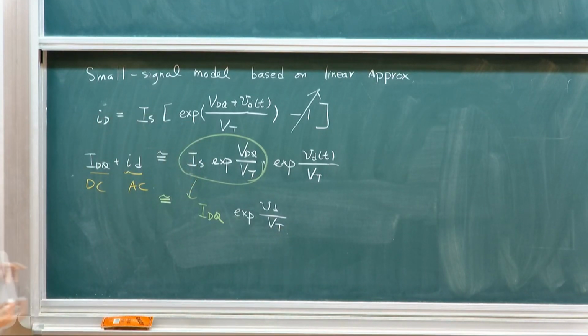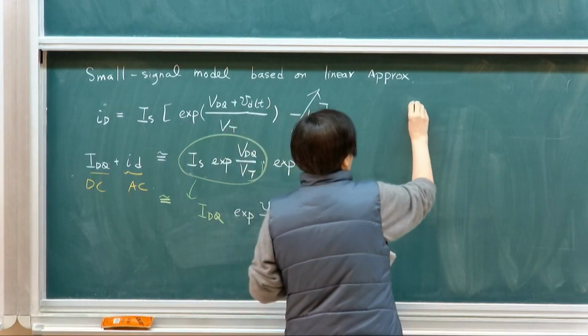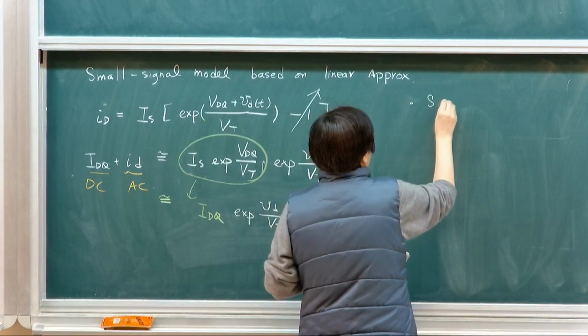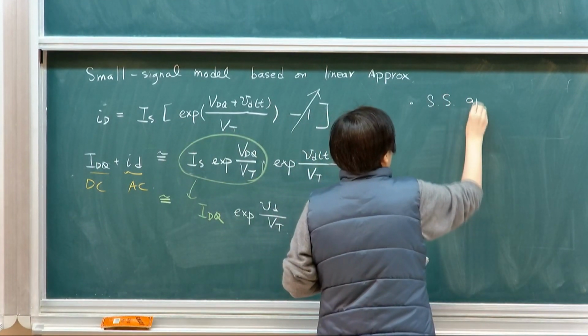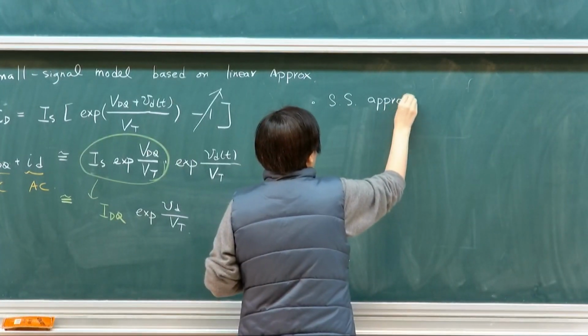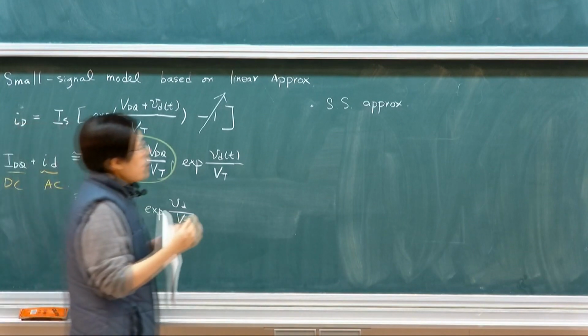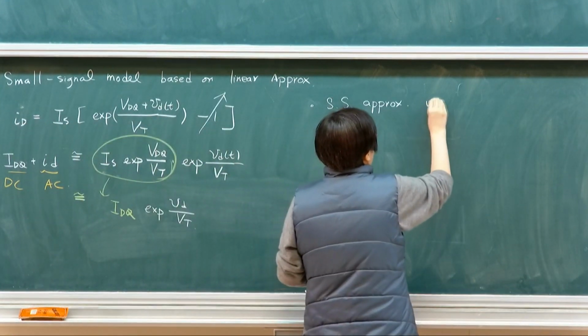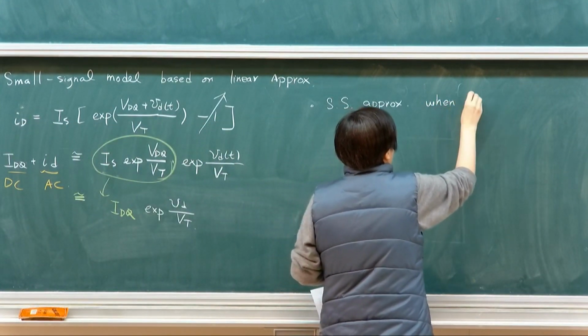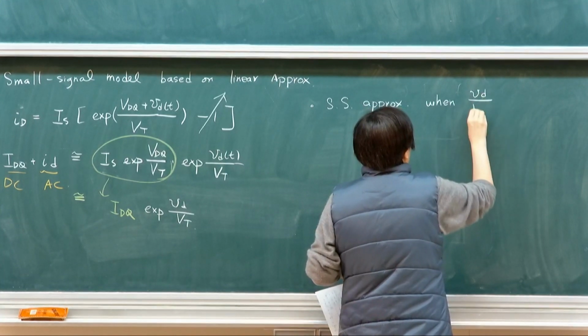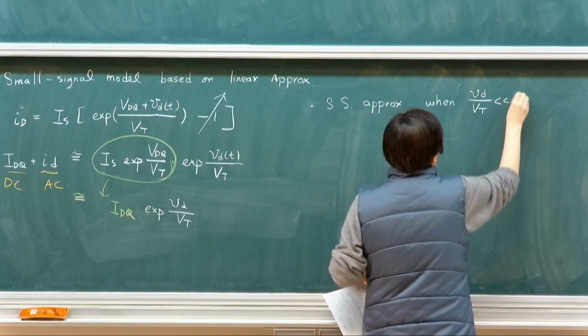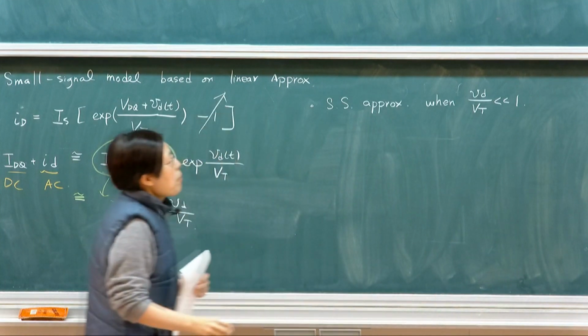Now we're going to do the small signal approximation, called the SS approximation. Make sure that you understand the assumption of the SS approximation is that VD over VT is smaller than 1.